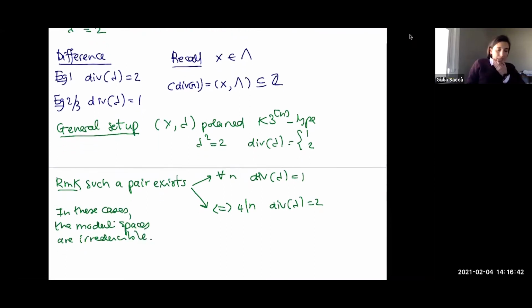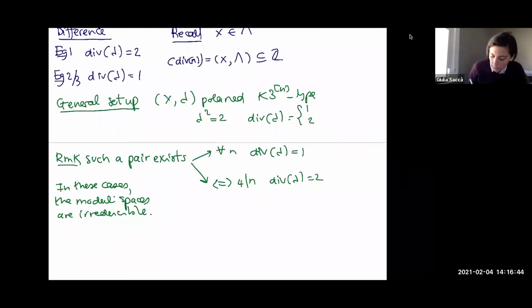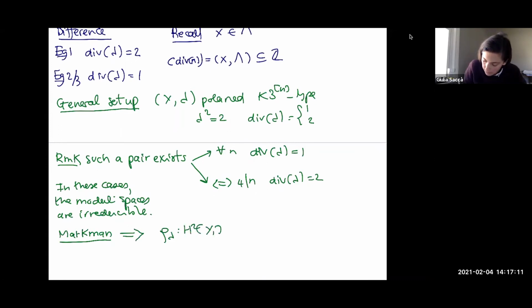Okay, and so the Torelli theorem, together with the computation by Markman of what the monodromy group is, implies that if we have such an X with such a lambda, the reflection about this square 2 class is a parallel transport operator.